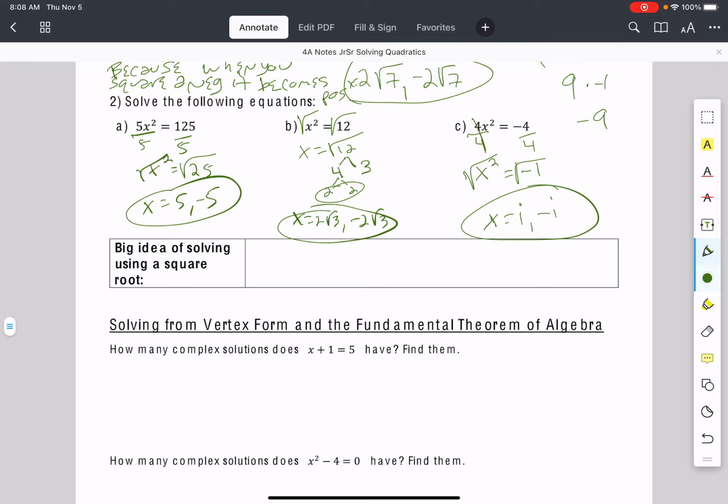The big idea of solving using square roots is that you get rid of everything except the square.